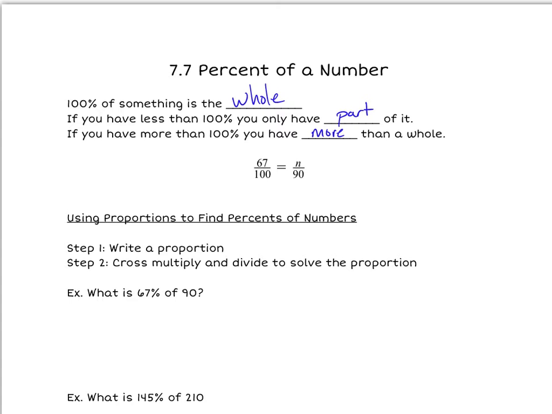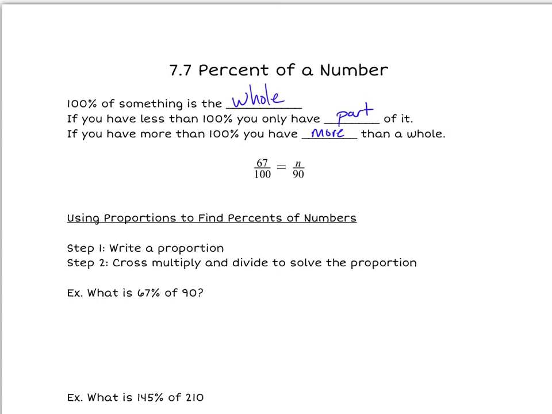Usually that doesn't happen, but if you think about a bucket that fits 4 cups of water, and you try to pour 5 cups, you have more than 100%, right? Because you're going to overflow the 4-cup bucket. So you'd have more than 100%. That's a small bucket. It wasn't a very big bucket.